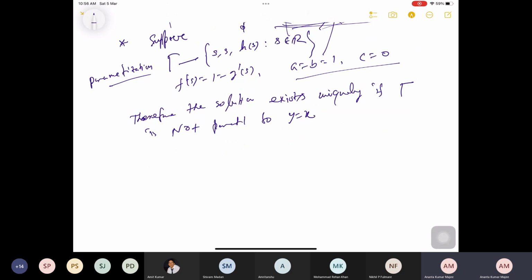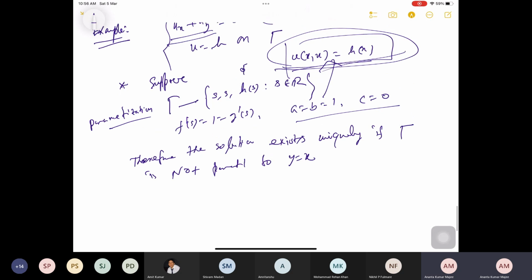So I try to say that for this case, whenever u of xx is equal to h of x, I can solve my problem, say u of x, 0 is equal to my h bar of x.